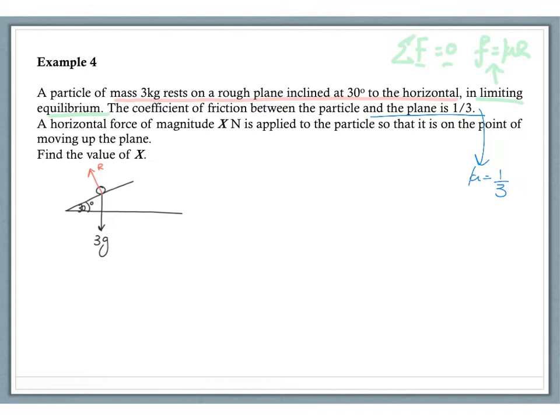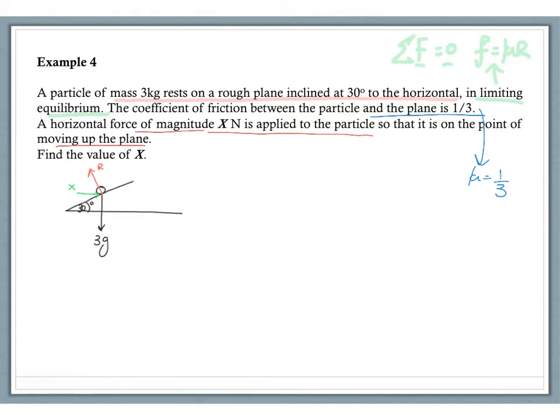A horizontal force of magnitude x newtons is applied to the particle, so it is on the point of moving up the plane. Now, if this force x newtons is on the verge of pushing the particle up the plane, it must look like that horizontally.